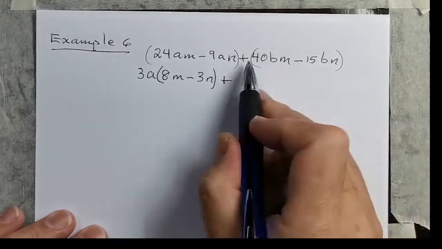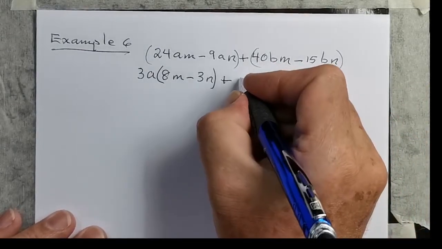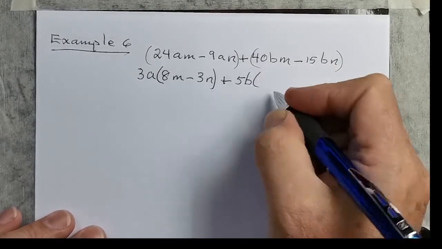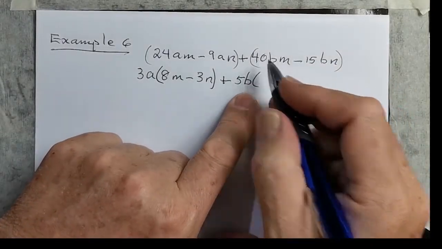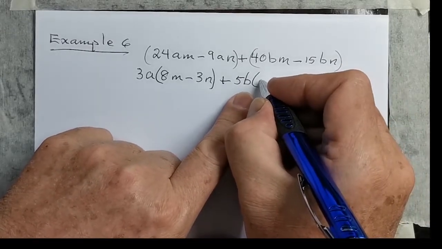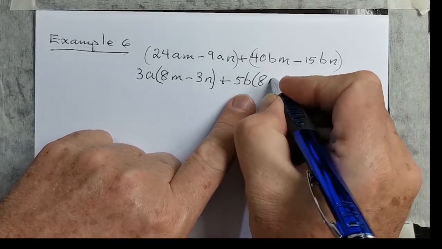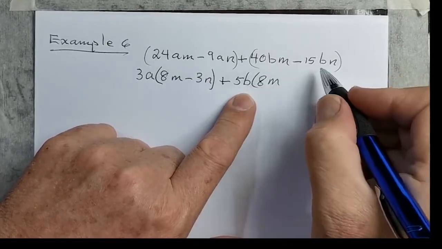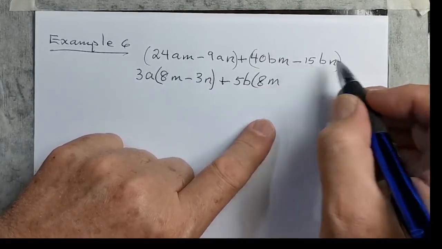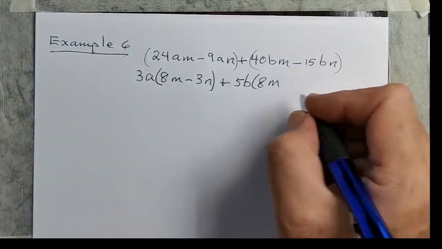Plus, now we factor a 5B out of here. 5B times 5 times 8 is 40. So 8M, and 5 times 3N here, 5B times 3N is 15BN.